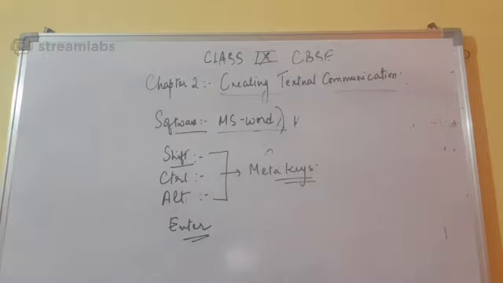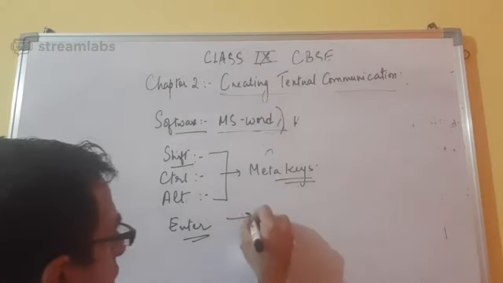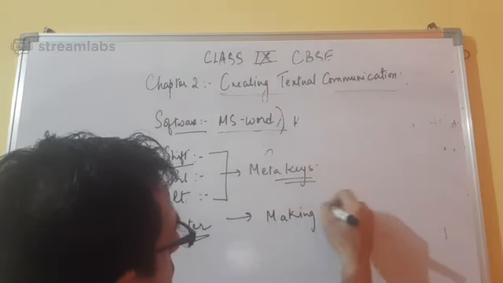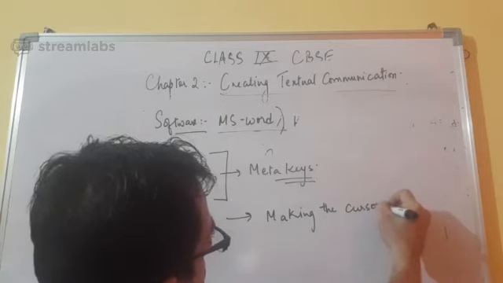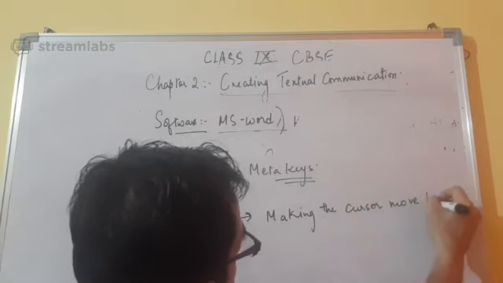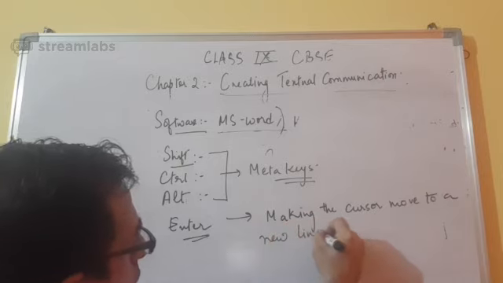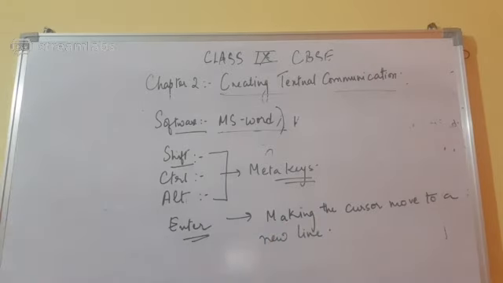Alt key also occurs twice. So the enter key is generally for making the cursor move to a new line. Okay, so this is the purpose of using your enter key.